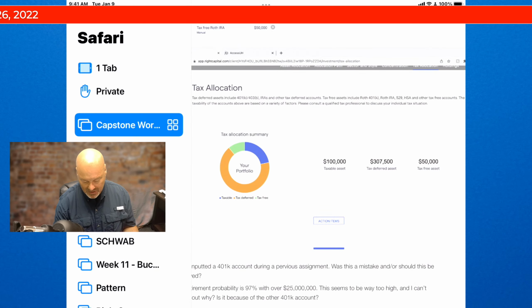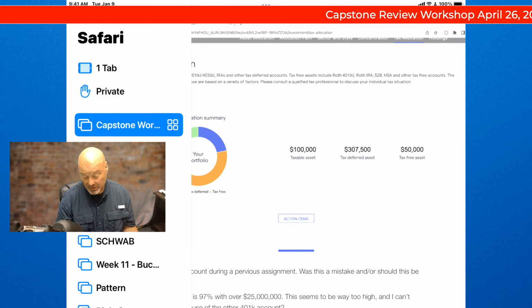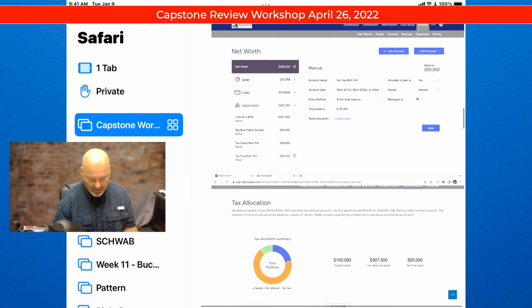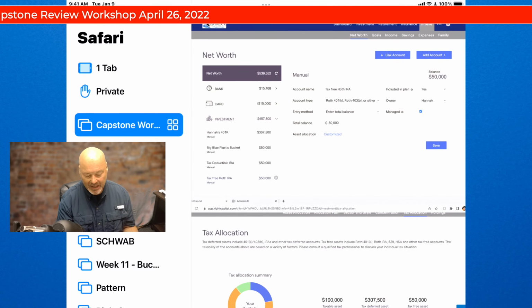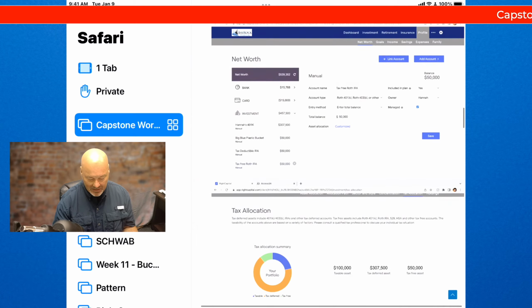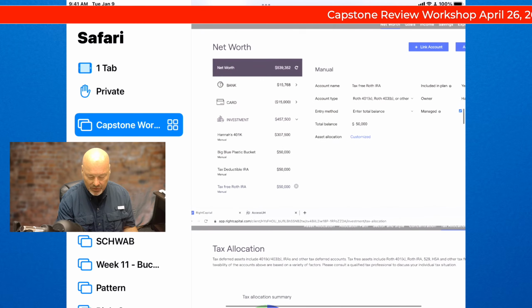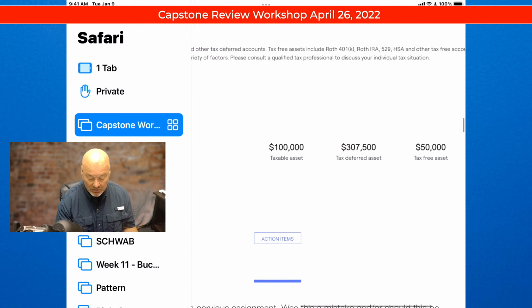And then also, if you look at this tax allocation right now, you've got 307 I think in a 401k, tax-free Roth IRA, and 100,000 in a taxable bucket. So I'm not in your plan, so I'm just looking at these screenshots. But I would assume that based on this, one of your investment accounts, even though you've named it the way you've named it, if you don't tell the computer which one it is, the computer is going to tell you which one it is.